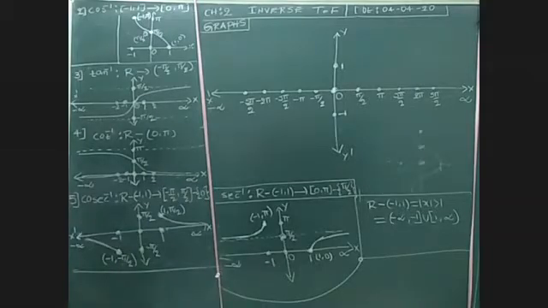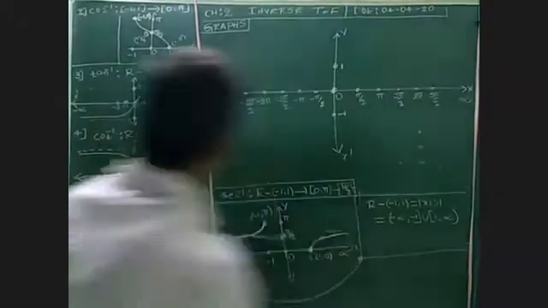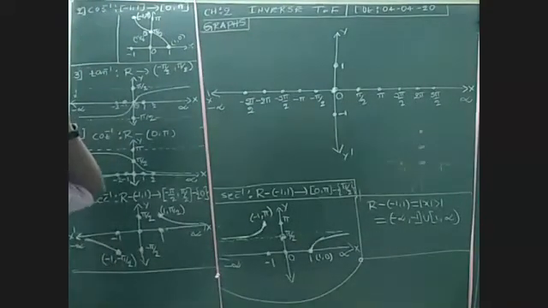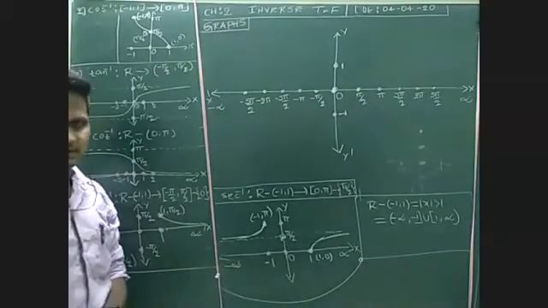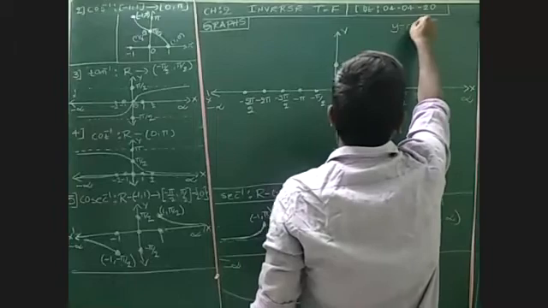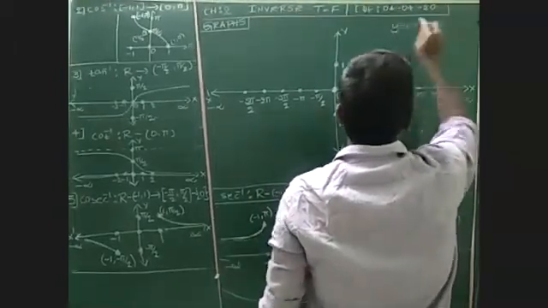So to discuss the graph of cos inverse, first of all we'll discuss the graph of cos x. So I'm going to draw the graph of y is equal to cos x.